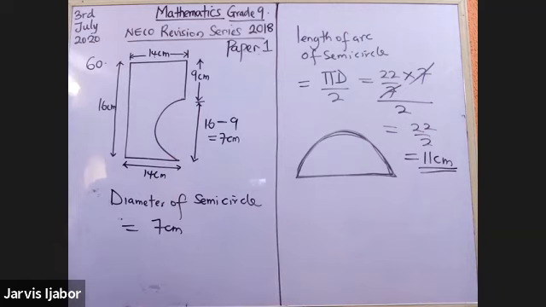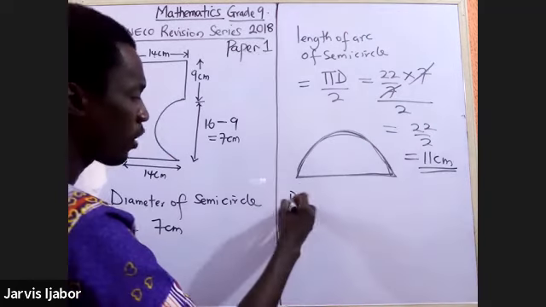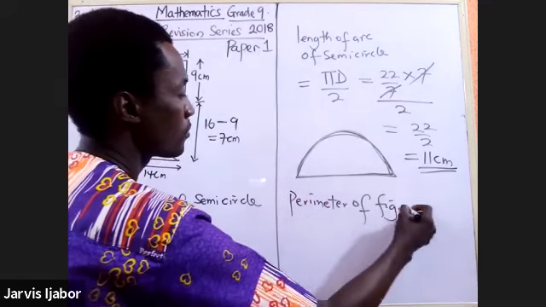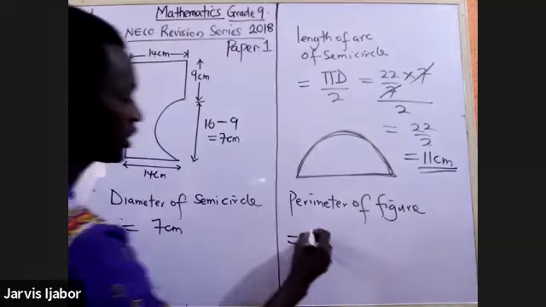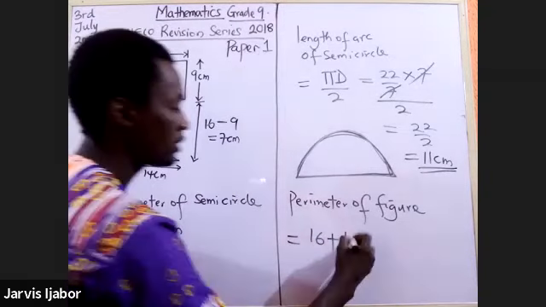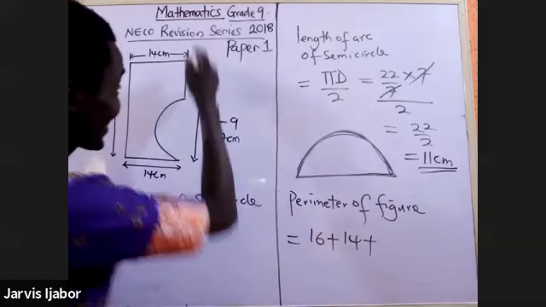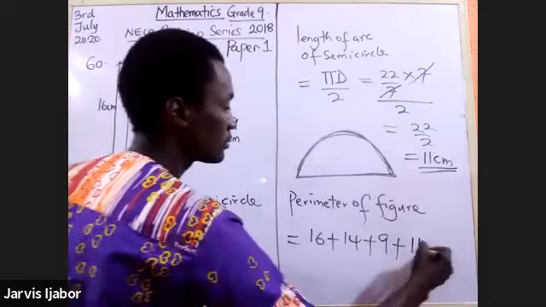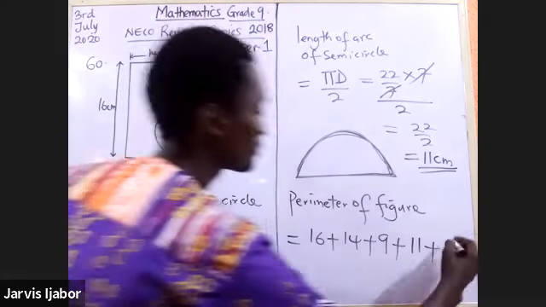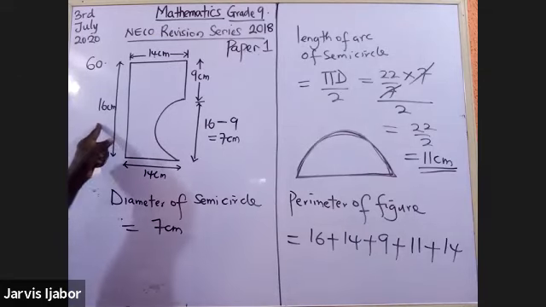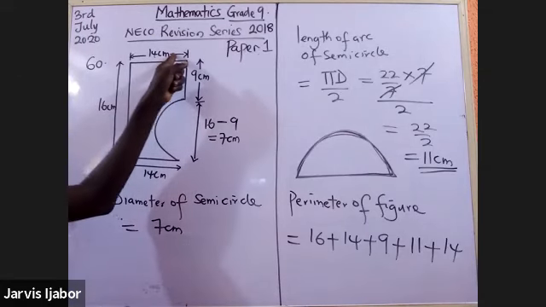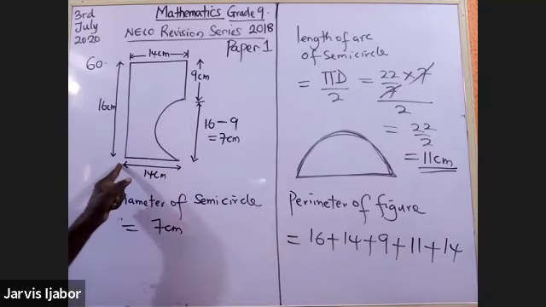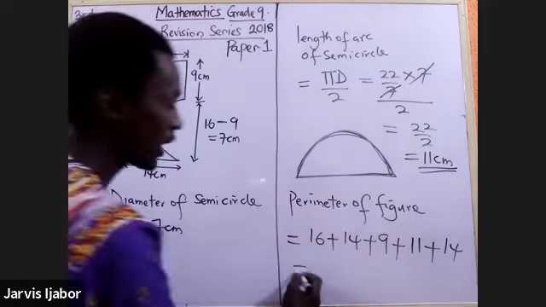But remember that you were told to find the perimeter. So perimeter of figure will now be equal to 16 plus 14 plus 9 plus 11 plus 14. I'll take that again. 16 plus 14 plus 9 plus 11 plus 14. So add everything together.